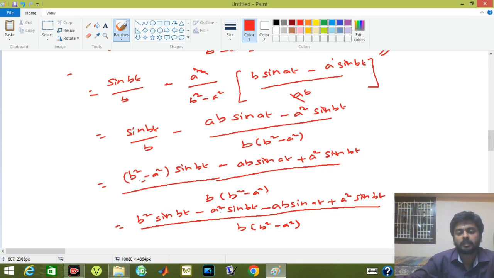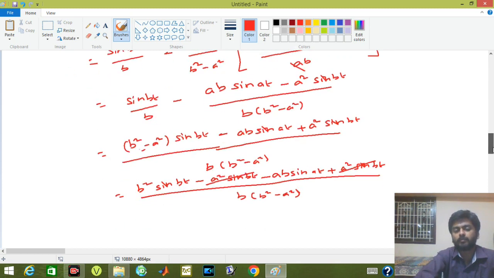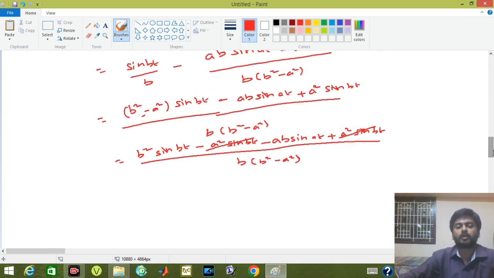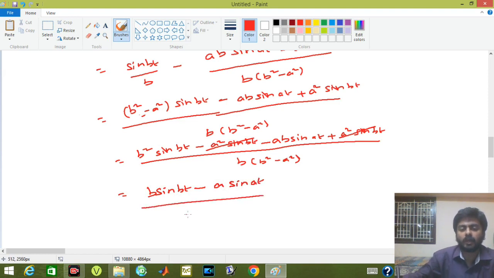Here this minus a square sin bt and plus a square sin bt will get cancelled. So you will have b sin bt minus a sin at divided by b into b square minus a square.